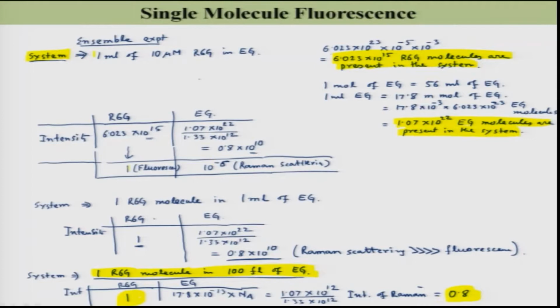For the ensemble I had one fluorescence to 10 to the power minus 6 Raman, so no problem. But when I took one rhodamine 6G in 1 ml ethylene glycol, what I got was one fluorescence to 10 to the power 10 Raman, and it is problematic. You cannot see 1 fluorescence in front of 10 to the power 10 Raman. But when you take one rhodamine 6G in 100 femtoliter of EG, you see the emission intensity is 1, and 0.8 is your Raman scattering.